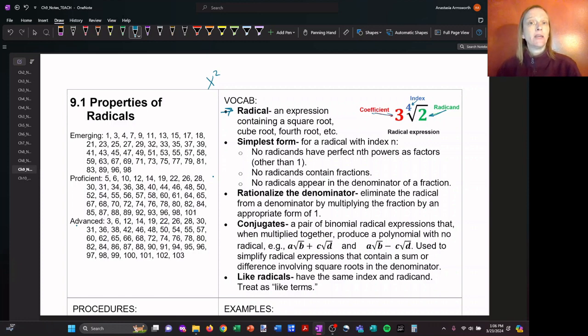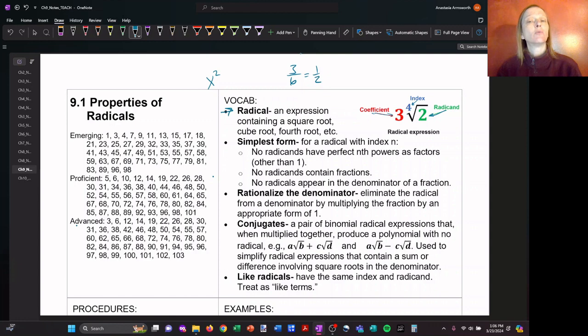The next thing we need to talk about is simplest form of radicals. And you'll see why this is important once we start doing addition and subtraction problems with radicals. It's important for radicals to be in simplest form, kind of like fractions. In grade school, if you wrote a fraction like 3/6, your teacher would say, you haven't put that in simplest form.